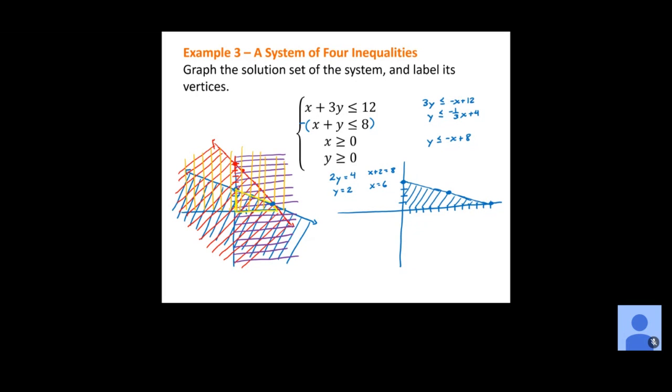Now, in terms of vertices, we're actually going to have 4 vertices that we need to find. One of them we already found, right? So the 6, 2 is the intersection of the two lines. So this point right here is one of our vertices. The other vertices now, one of them is the y-intercept, the other is the x-intercept, and we already said that this x-intercept is at 12, 0, and our y-intercept for this line was at 0, 4.